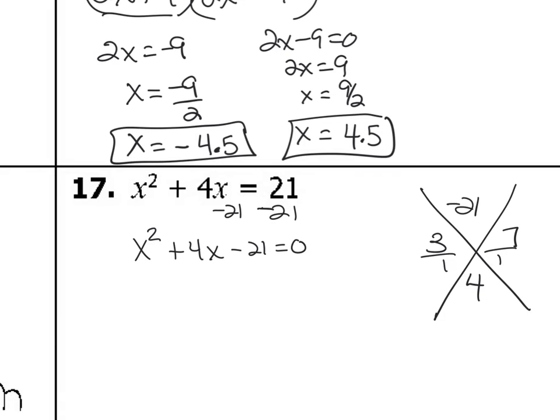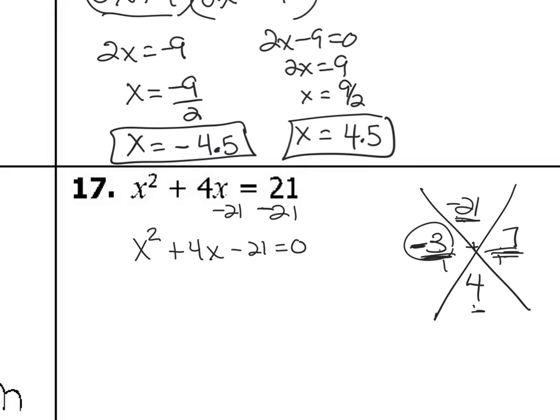So I'm going to put the negative with the 3, and the reason I'm doing it with the 3 is because negative 3 plus 7 is positive 4. If I did it with a 7, I would have ended up with negative 4, and that would not work. So remember, you check your signs. You have to be able to multiply them to get negative 21, add them together to get positive 4.